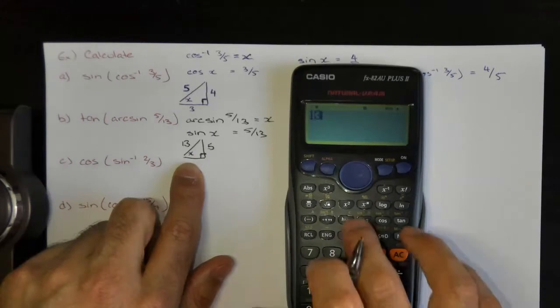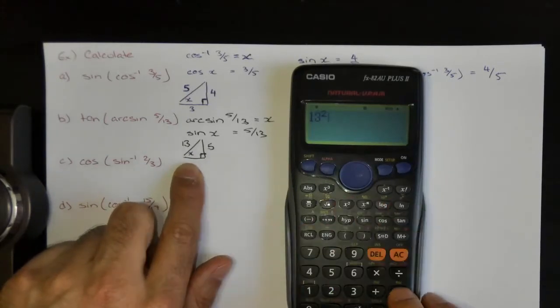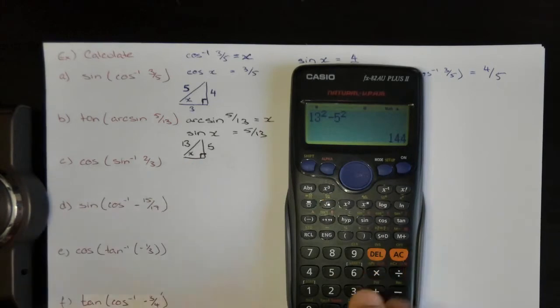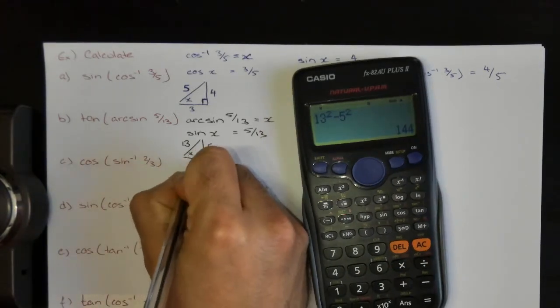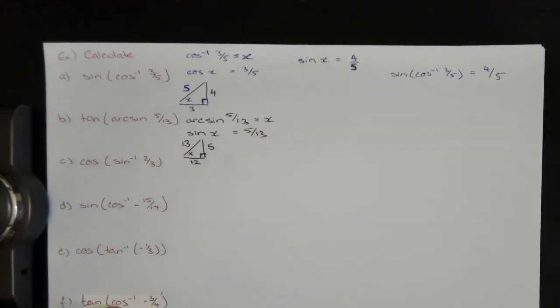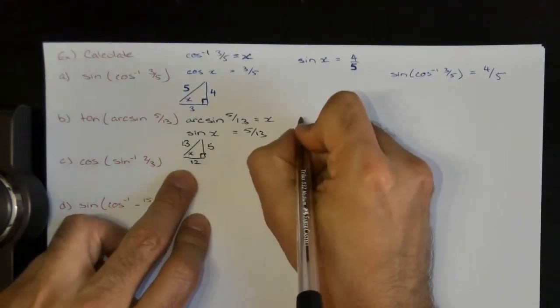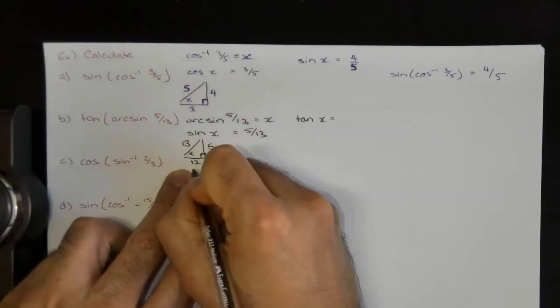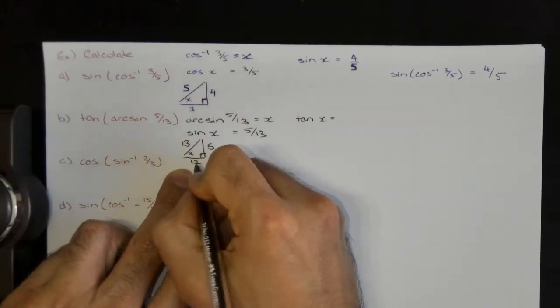Using Pythagoras, 13 squared minus 5 squared equals 144, and the square root of that is 12.